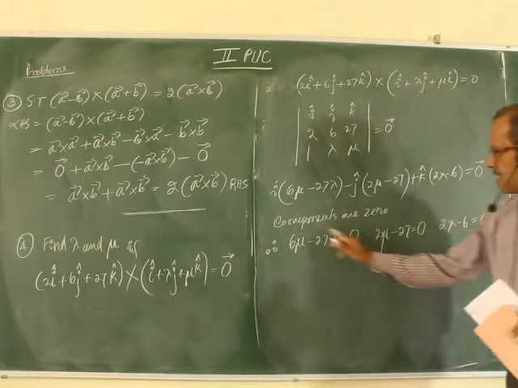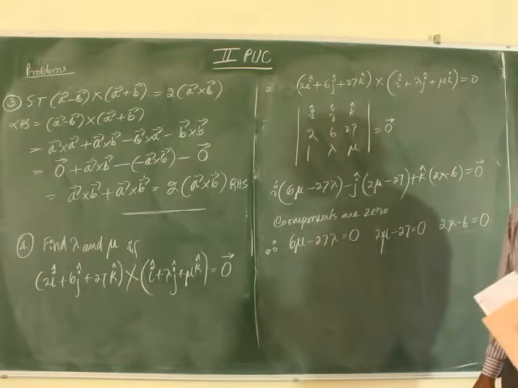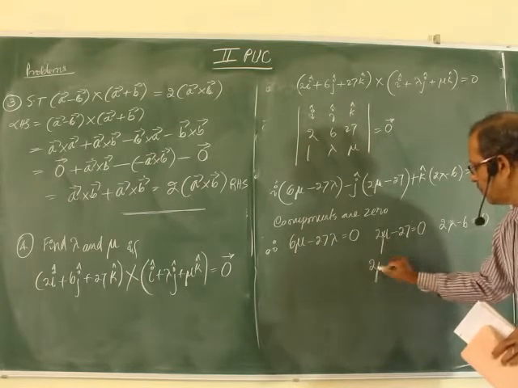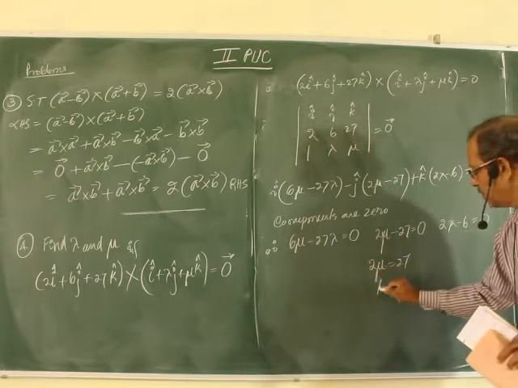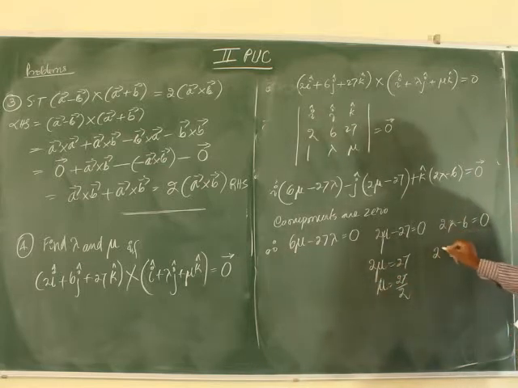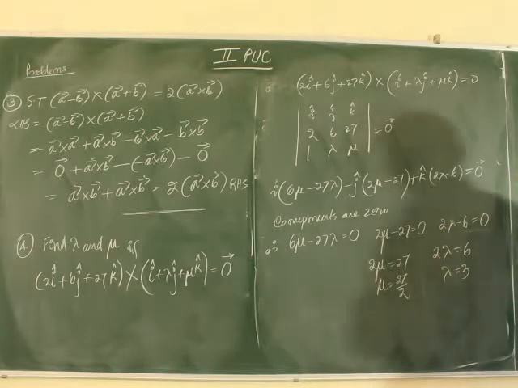You cannot find lambda or mu from the first because both the variables are there. You come here. 2 mu equal to 27, mu equal to 27 by 2. 2 lambda equal to 6, lambda equal to 3.